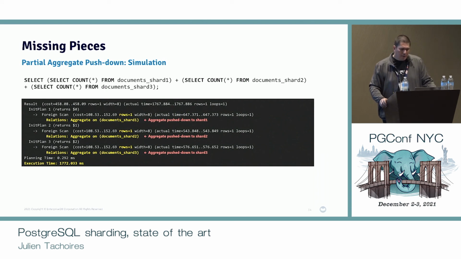If we take a look at the execution plan, this time we can see that the aggregate operations are pushed down because we are working at the partition level. On the execution time, we can see that we fall from 49 seconds to 1.7 seconds. So this is again a huge win.